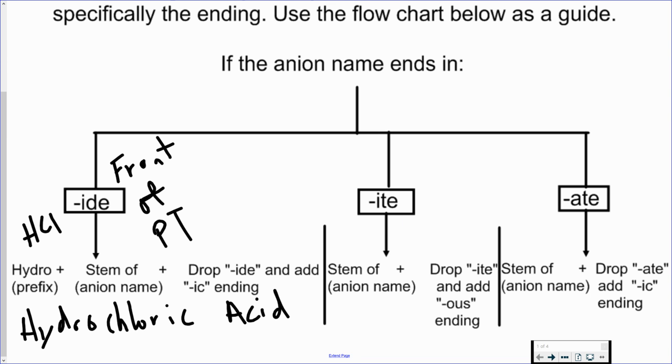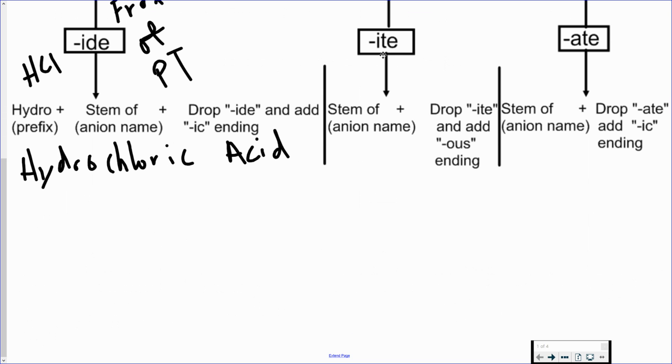Another example would be "ite." If you have ite, these are polyatomics with one less oxygen, or it could be two less, and you'd still have to keep the prefix of hypo. So we're going to drop the ite and make it "ous."